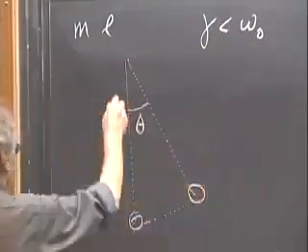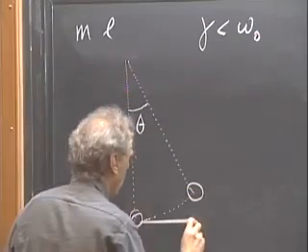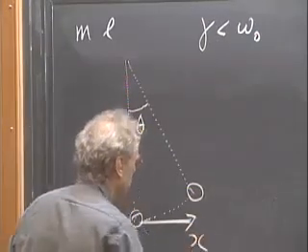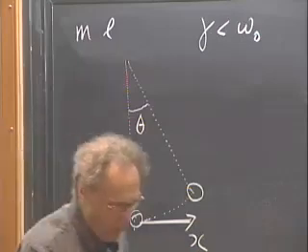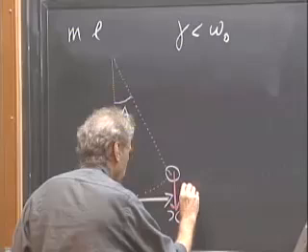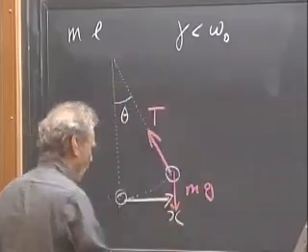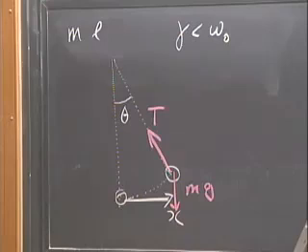This is the equilibrium position of the pendulum. I will therefore call this position x. And I'm going to put all the forces on this object in this picture, which is mg, and that is T. And there are no other forces on that mass.